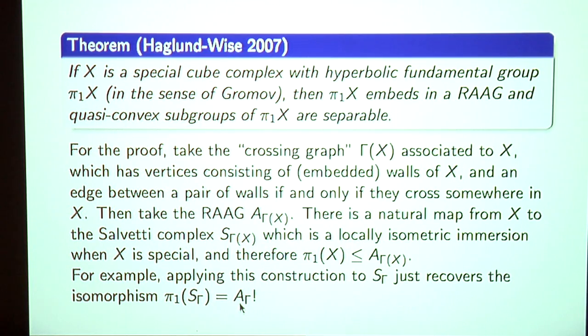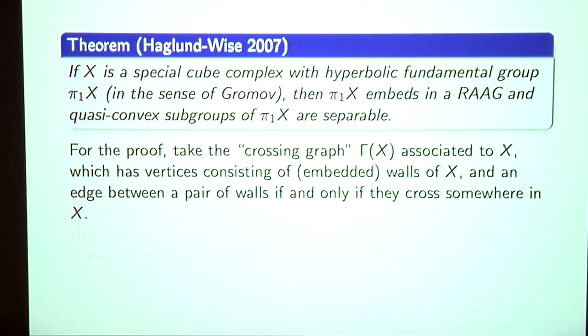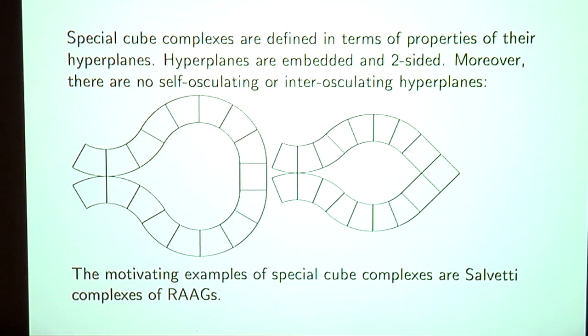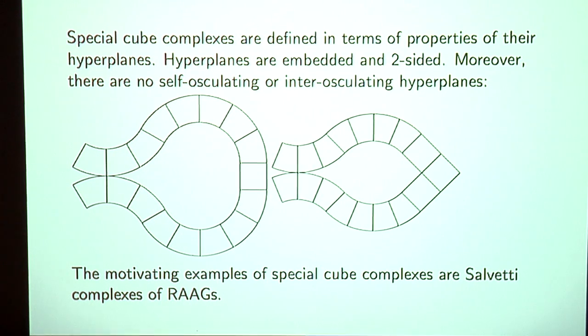But what they realized is that if you look at complexes which locally isometrically immerse in a Salvetti complex, then going back to this osculating condition, these conditions are necessarily satisfied. If you have a special cube complex, any cover, it's easy to see, will also be special. So if you want to locally isometrically immerse into a special cube complex like a Salvetti complex, then you had better be special.